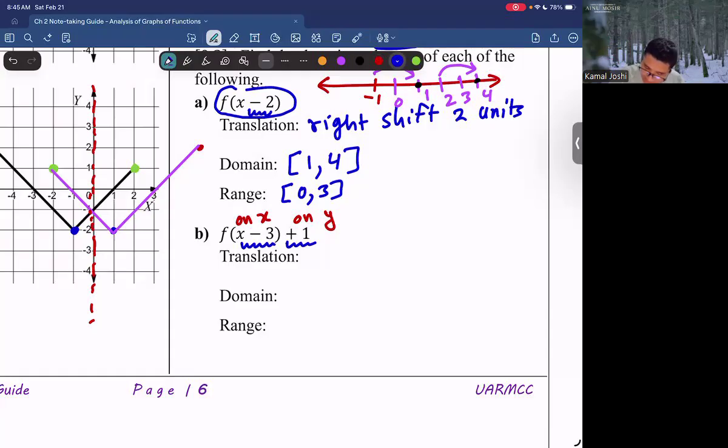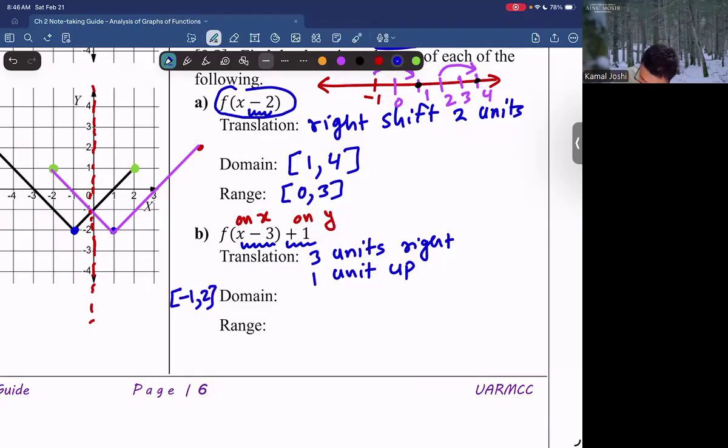So in terms of translations, 3 units right, and 1 unit up, plus 1. The old domain is -1 to 2.